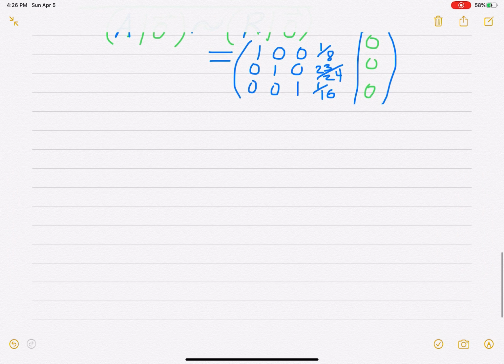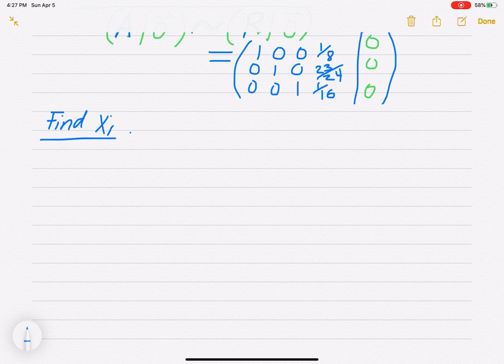So first of all, we're going to find what x1 is. We have 4 variables, x1, x2, x3, and x4 for each column. So we know first of all that x4 is free, because there's no pivot in the 4th column.